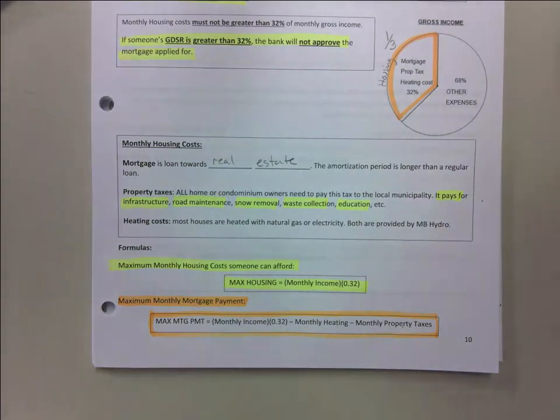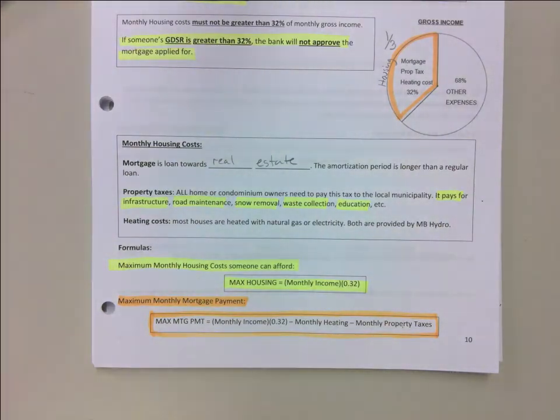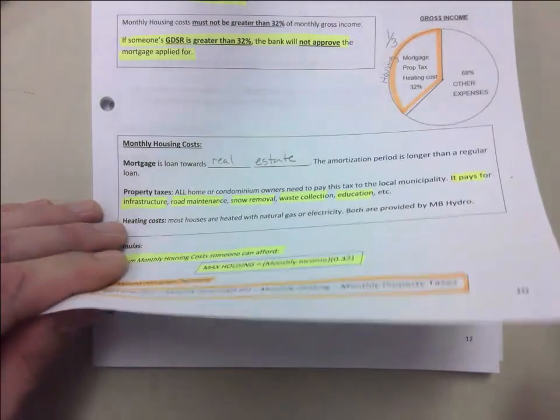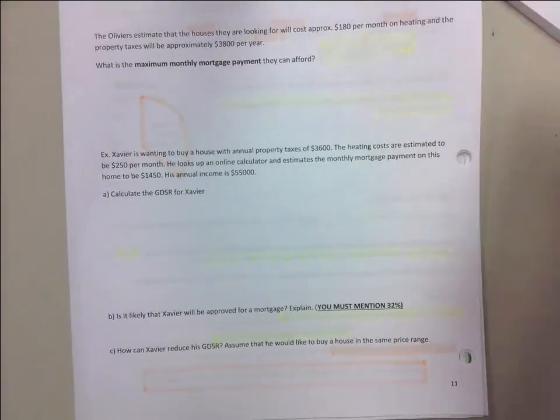I want you to copy them down right now because you're going to need them to be successful. Do that. All right, let's keep going. I hope you have those formulas down. Let's use them. Let's see if you can pick the right one on your study sheet.